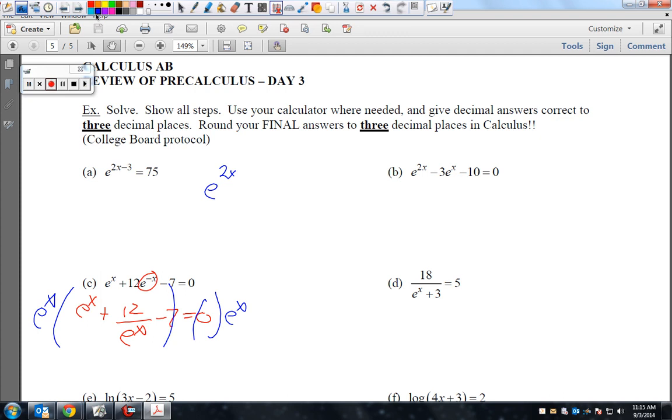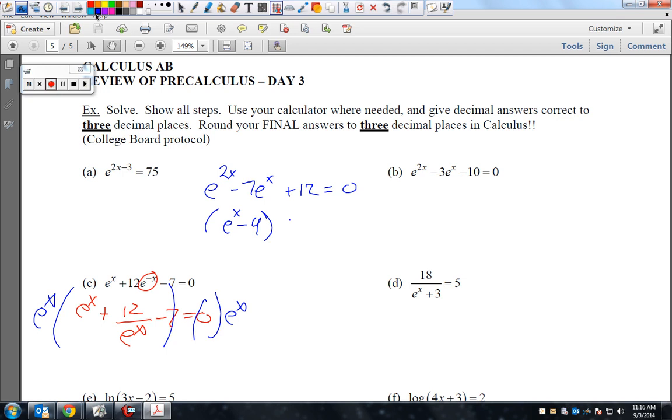Plus 12 minus 7 e to the x. So now I think you know why I put the 12 there. Because we're going to factor. Is this legal, though, that I can just multiply stuff by e to the x? Yeah. It's a form of multiplying by 1. Alright, so let's factor this puppy. What do you get?